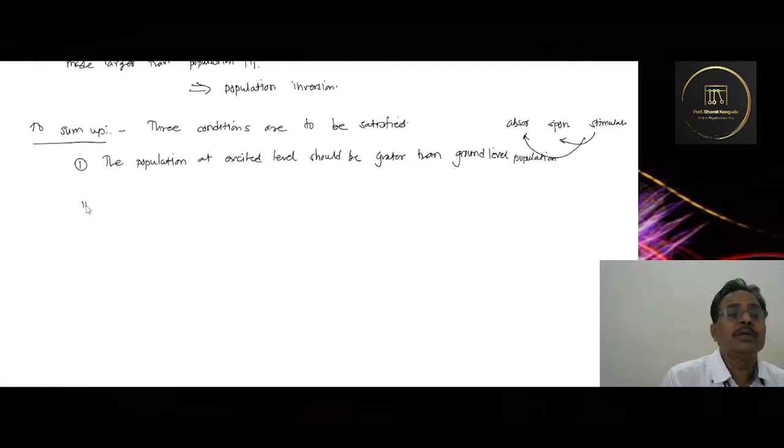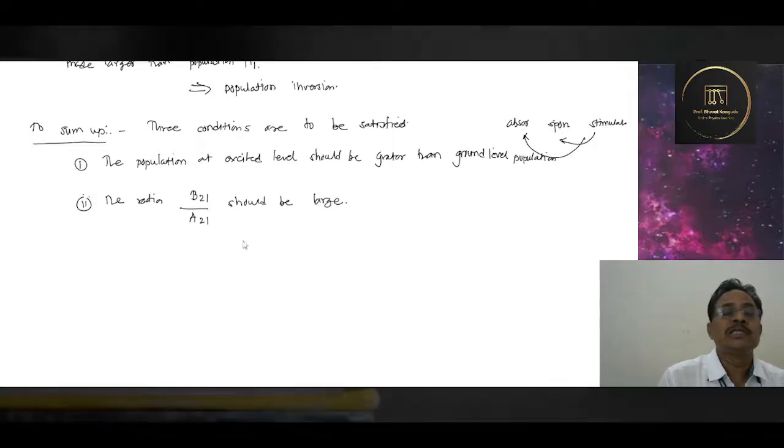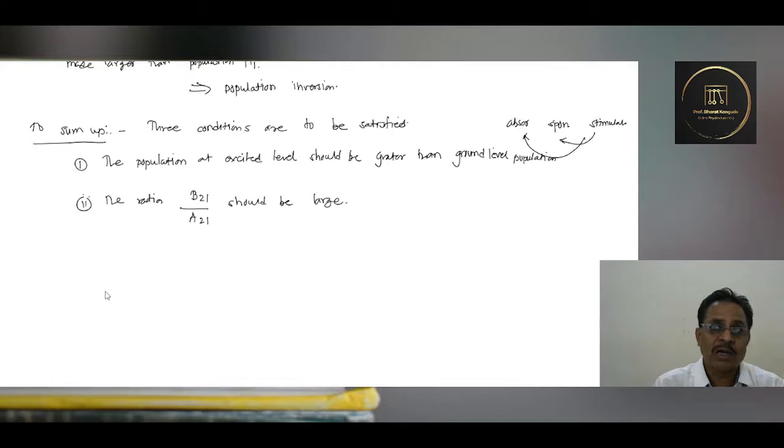Then the second important condition: the ratio B21 upon A21, these Einstein coefficients, should be large. If this ratio is large, then R1, as we have seen, becomes larger.